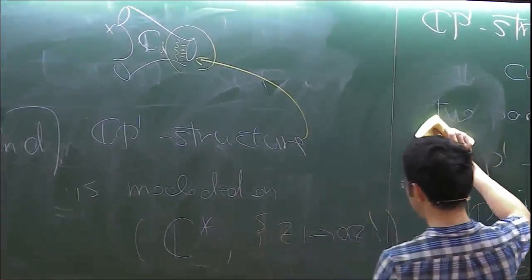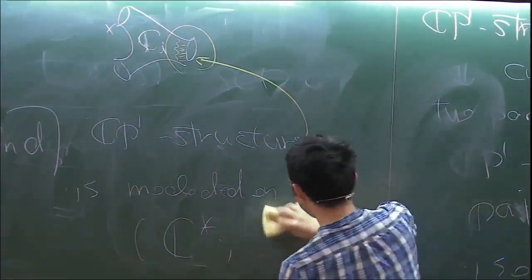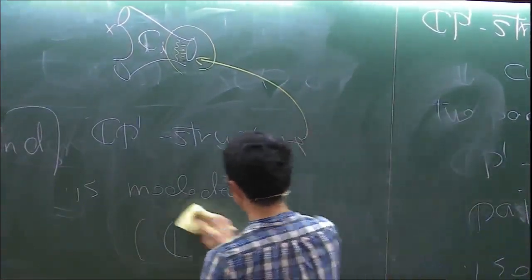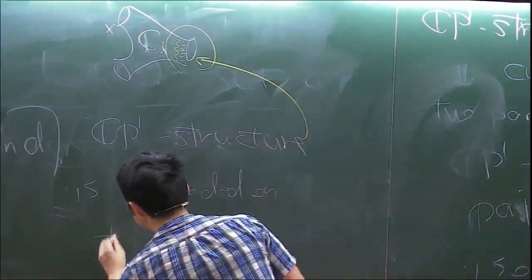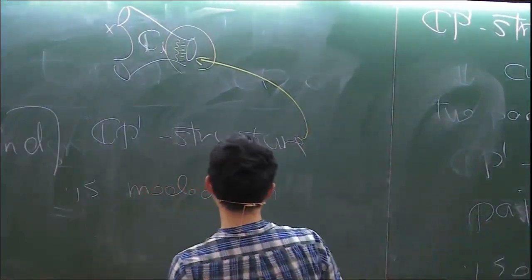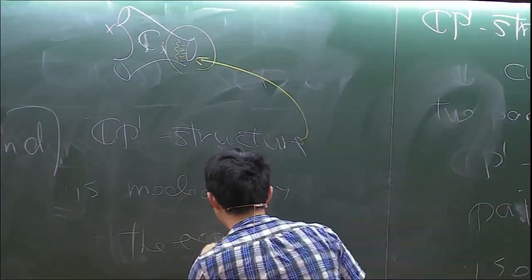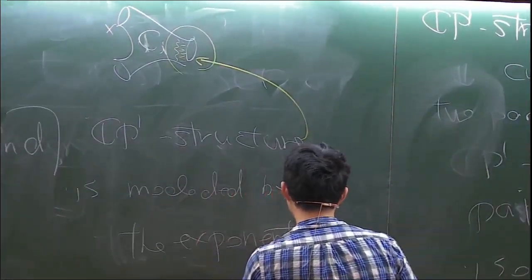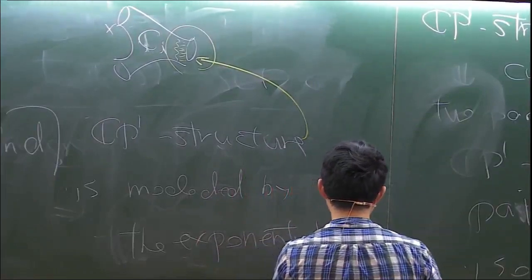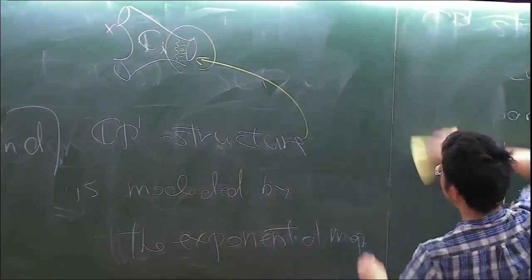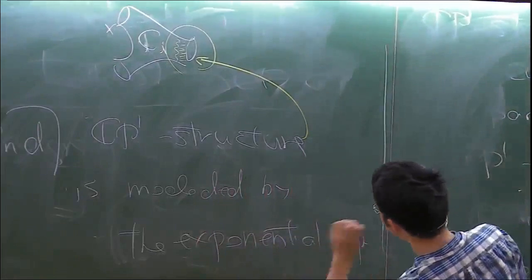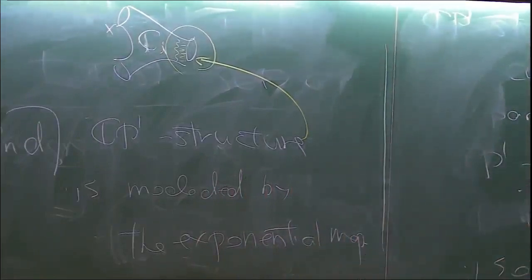So it is modeled on the exponential map. Yesterday we saw a basic example of a CP1 structure on a torus: make a Euclidean structure and then compose with the exponential map.